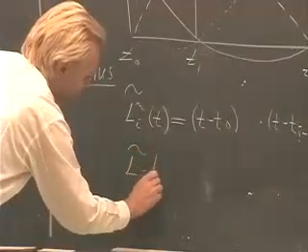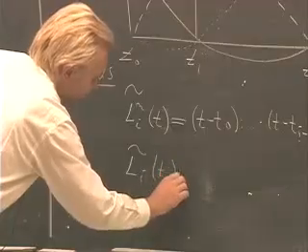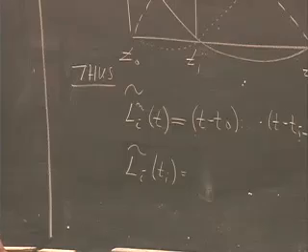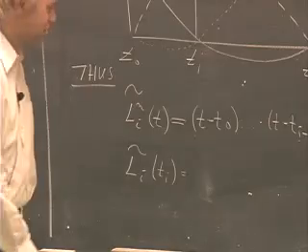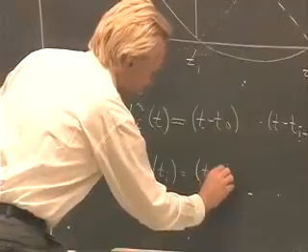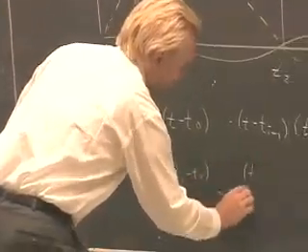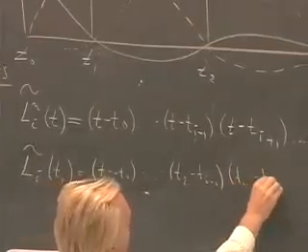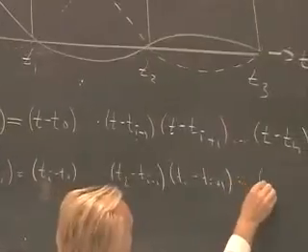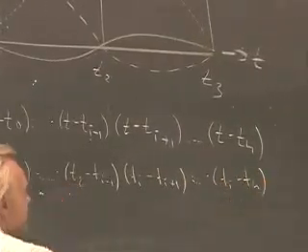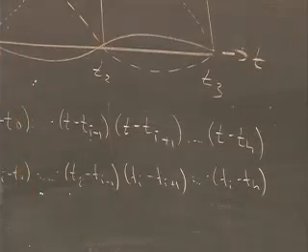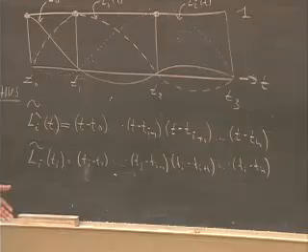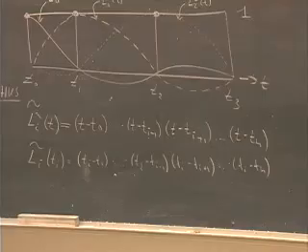Li evaluated at ti is what? ti minus t0 times ti minus t1, right, so it's ti minus t0 times ti minus ti minus 1 times ti minus ti plus 1 times ti minus tn, right? That's the value there, which is not 1, right? It's some value. It's not 0. It's some positive or negative value, right?